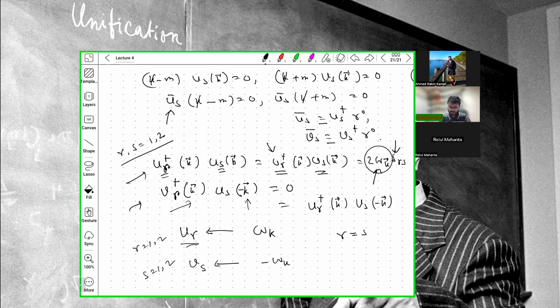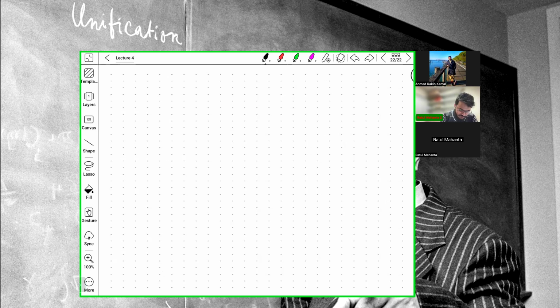So you have to assign that properly. Vector k for V is actually minus k for U S. So these types of normalizations you have to use, and I will just write down a spin sum, and you can take it as an exercise.